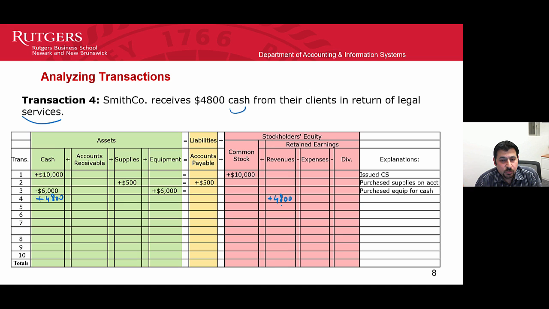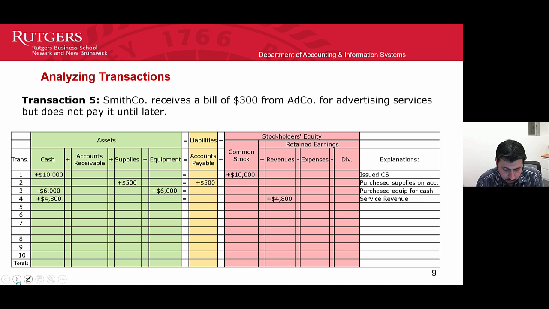And as we said, we need to enter the explanation to know why stockholders' equity has changed. So we put here that that was service revenues. Once again, the two sides of the equation are equal.